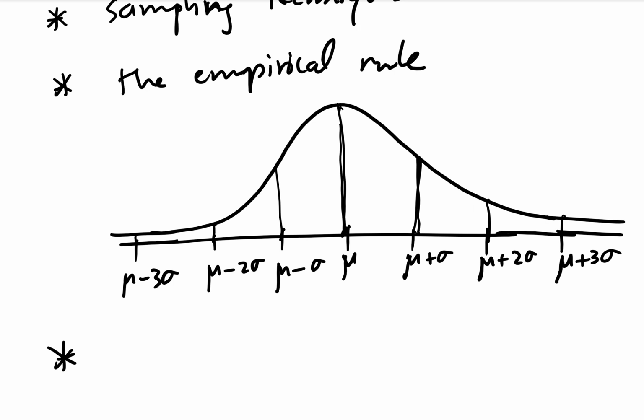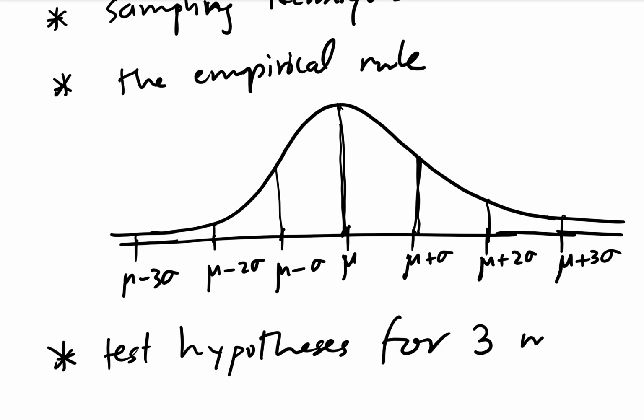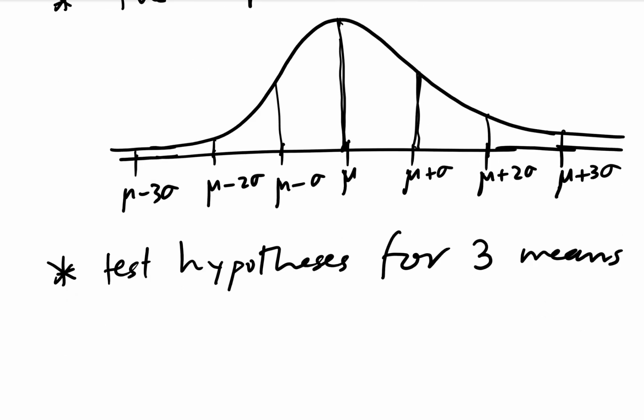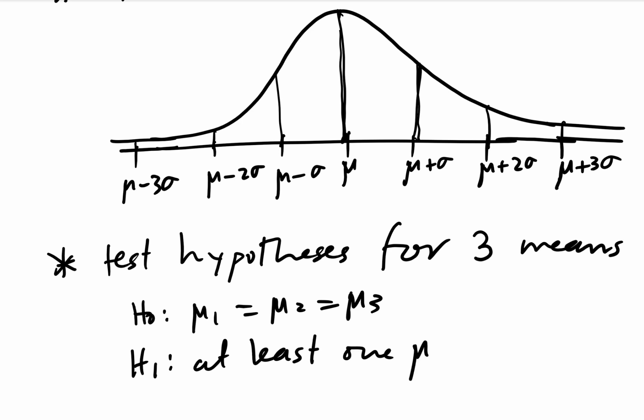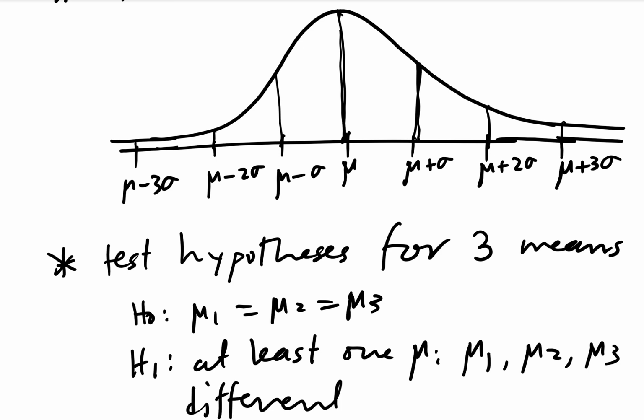Next, make sure you know how to work out test hypotheses for 3 means, let's say. 3 means where we set like H0: mean 1 equals mean 2 equals mean 3, and the alternative hypothesis: at least one mean out of mean 1, mean 2, mean 3 is different from the others.